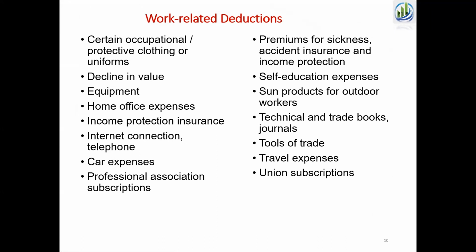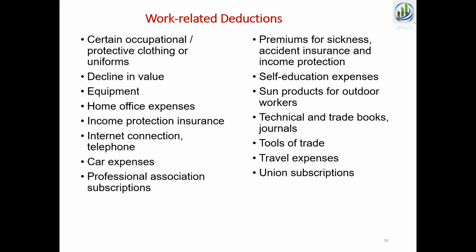Today I'm going to cover home office expenses, and clothing: protective clothing, occupational clothing, or uniforms. Those are the two areas we will cover today. Most probably I will cover interest expenses as well, but down the track all of this list will be covered in detail.